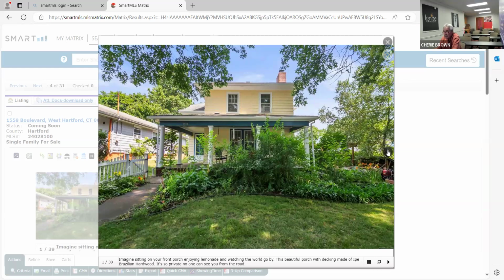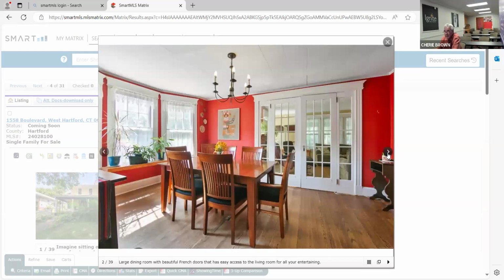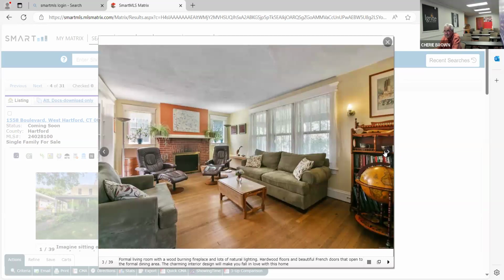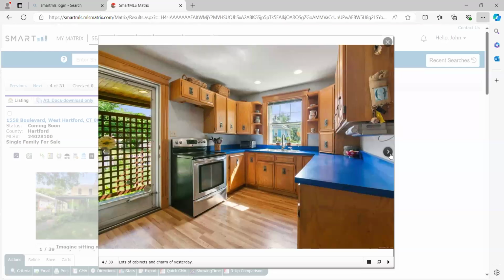I don't know if that's the most attractive picture, it looks overgrown with the landscaping. Interesting taste, but won't be to everybody's.